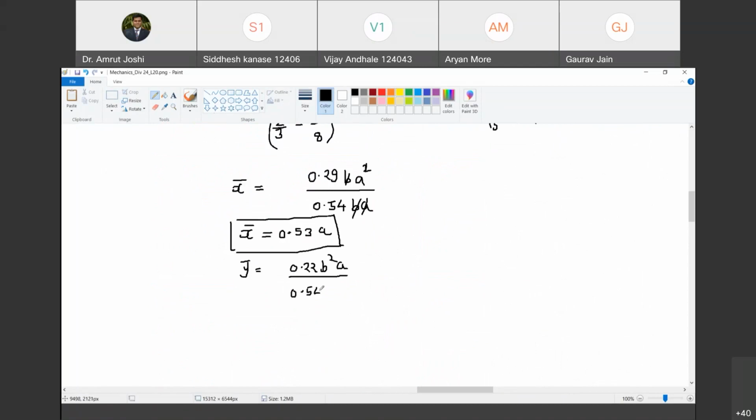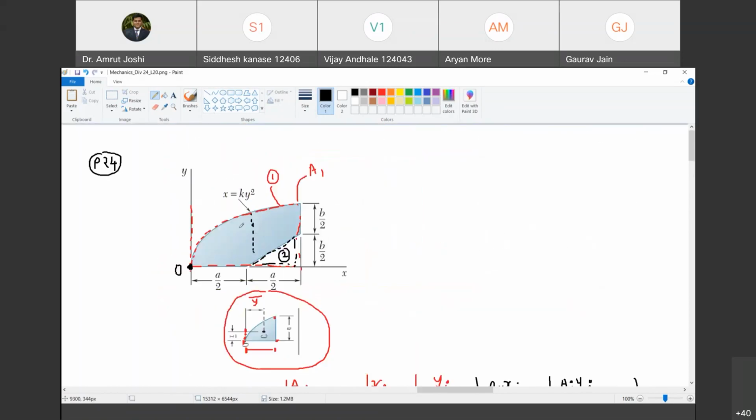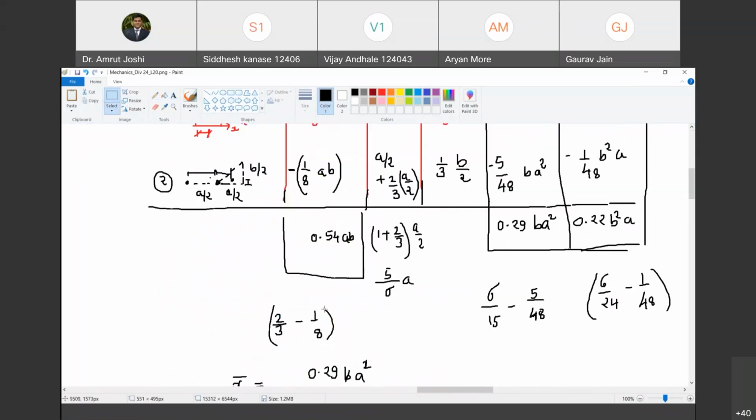So tell me this ratio now. A cancels out, B remains. So tell me how much is y bar? So 0.40 B. So now I'm going to take this figure down so that we can show the location of the centroid.